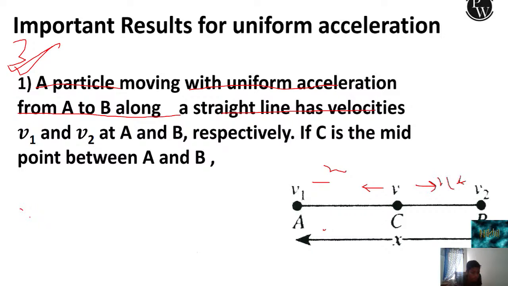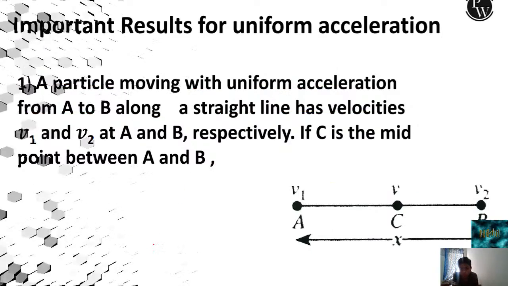V is equal to under root of v1 square plus v2 square by 2. Okay, so v1 square plus v2 square by 2.